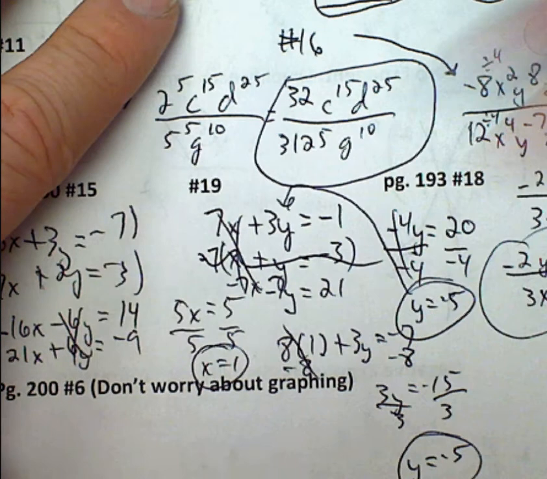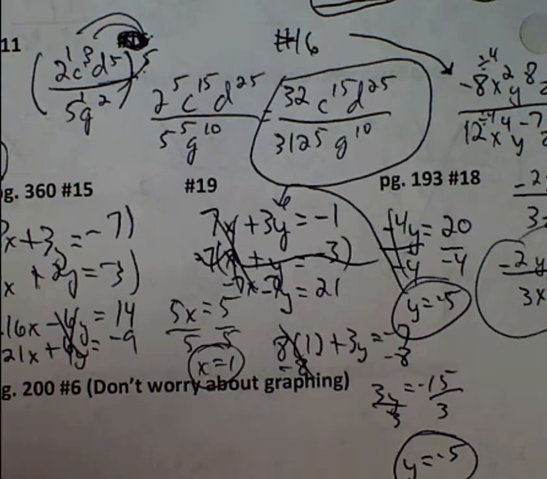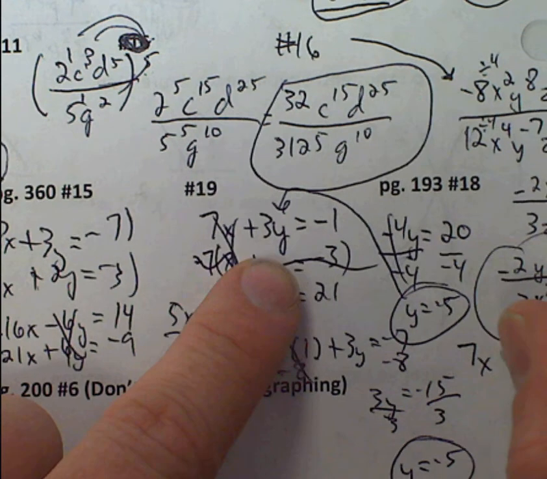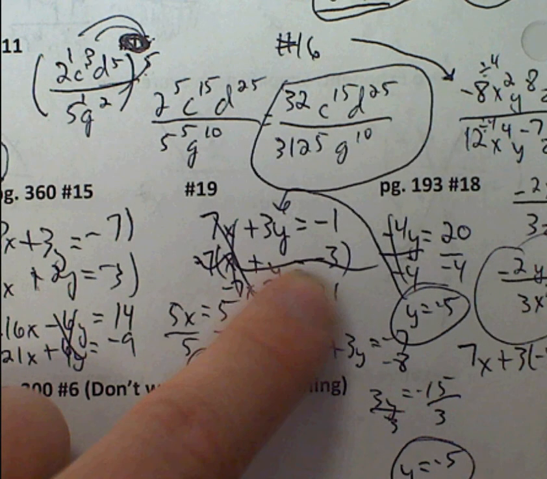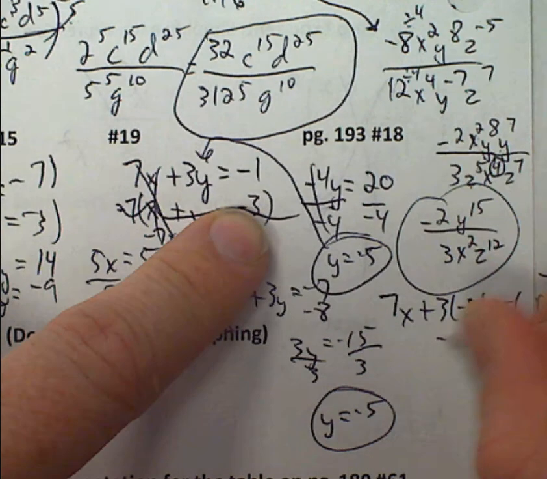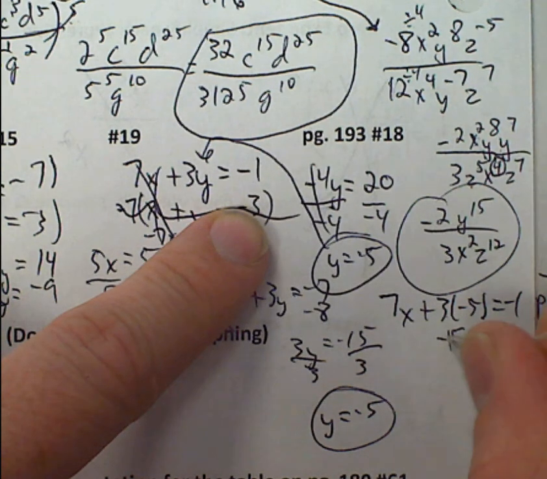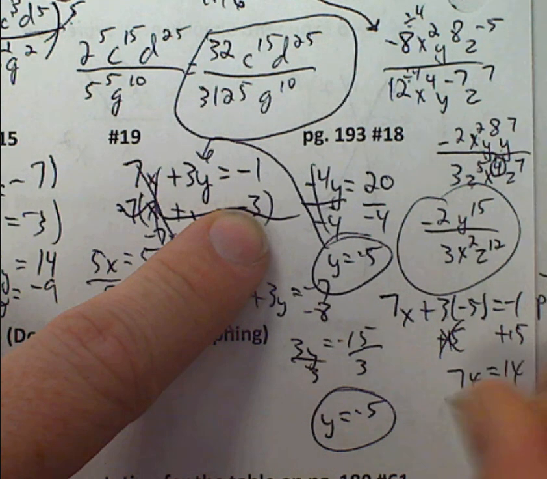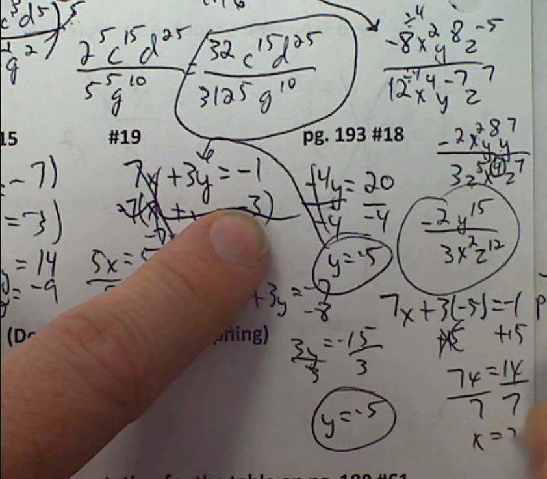I take that and I plug it back in. So this would be 7x plus 3 times -5 equals -1. This gives me -15 when I multiply, so now I'm going to add 15 to get rid of it. 7x equals 14. Divide by 7, x equals 2.